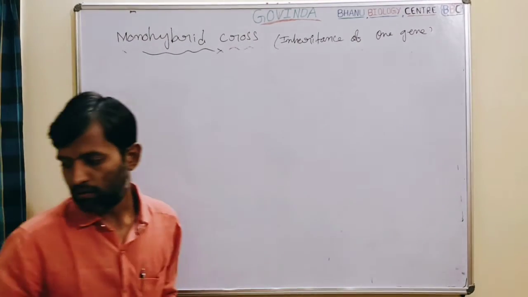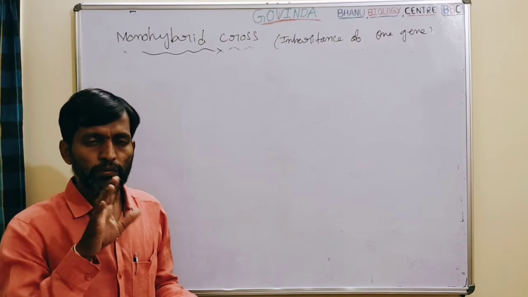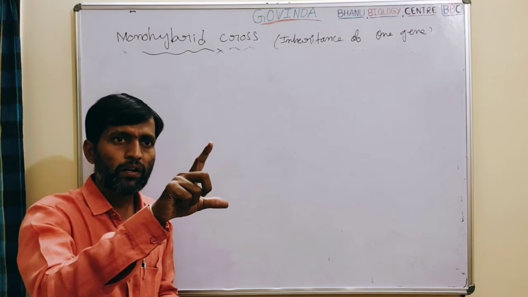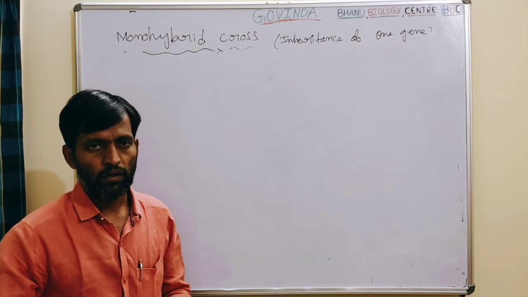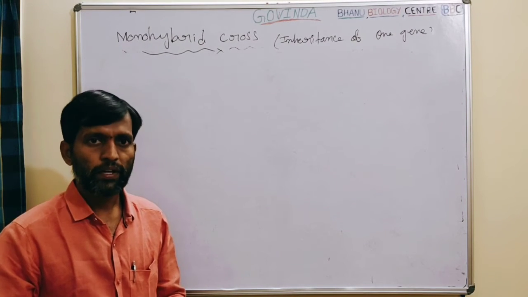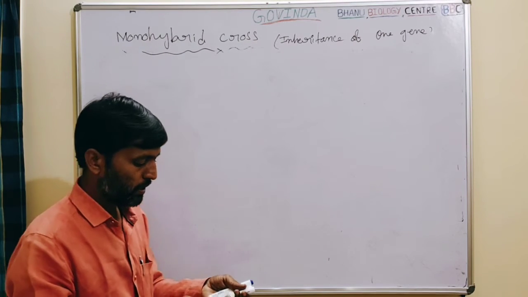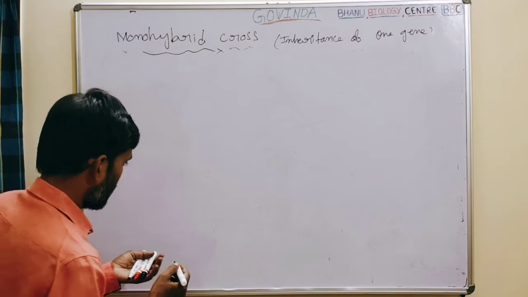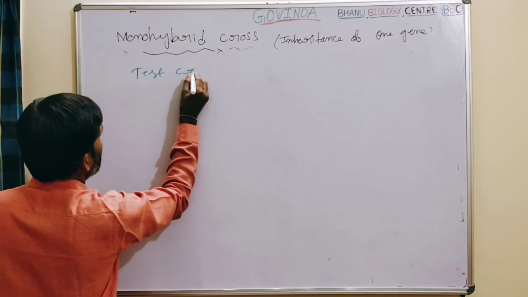The plant grows tall, so it is very difficult to identify whether it is homozygous tall or heterozygous tall. For identifying the genotype of that plant, Mendel gave one technique. The name of the technique is called test cross.